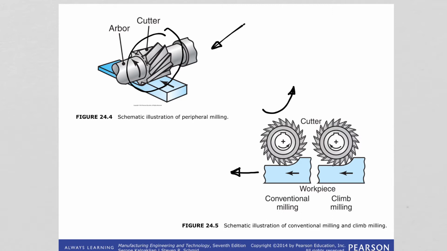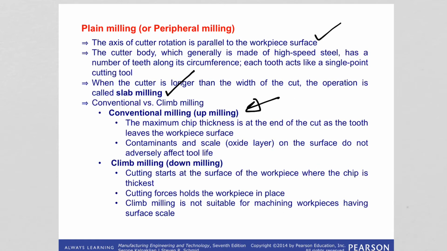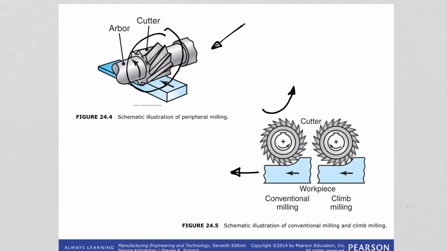In up milling. So in down milling, or we also call it climb milling, in that one you can see in the image the cutter rotation is in the same direction as the feed.